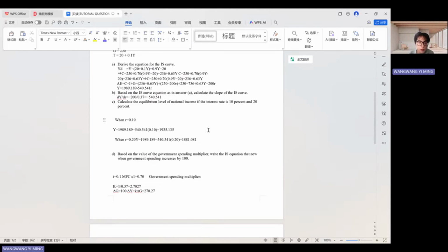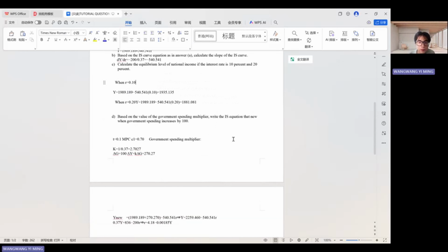For question D, we have T equals 0.1 and MPC C1 equals 0.7. For the government spending multiplier, K equals 1 divided by 0.37, we get 2.7027. And delta G equals 100. Delta Y equals K times delta G, which equals 270.27.